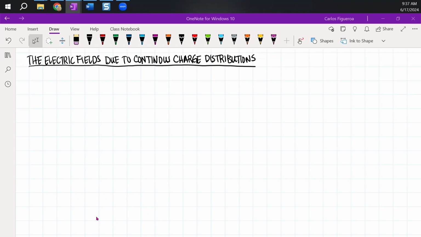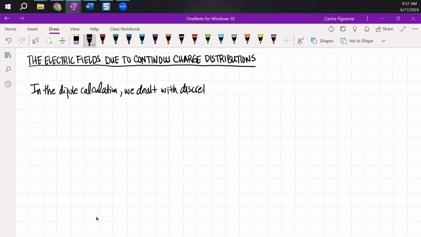The electric fields due to continuous charge distributions. In the dipole calculation, we dealt with discrete charges.